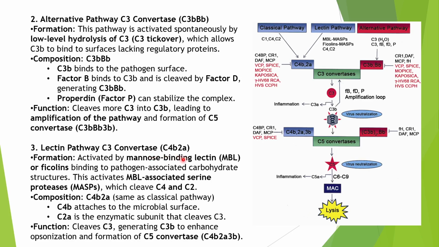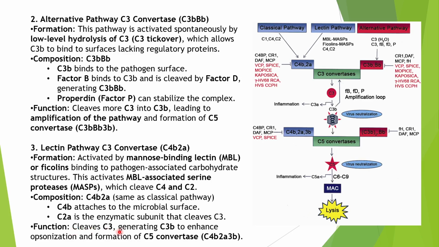So it is activated by mannose binding lectins or ficolins, binding to the pathogen associated carbohydrate structures. This activates MBL associated serine proteases which cleave C4 and C2. So the composition of the C3 convertase is C4b2a. C4b attaches to microbial surface and C2a is the enzymatic subunit that cleaves C3, a C3 component of the complement.